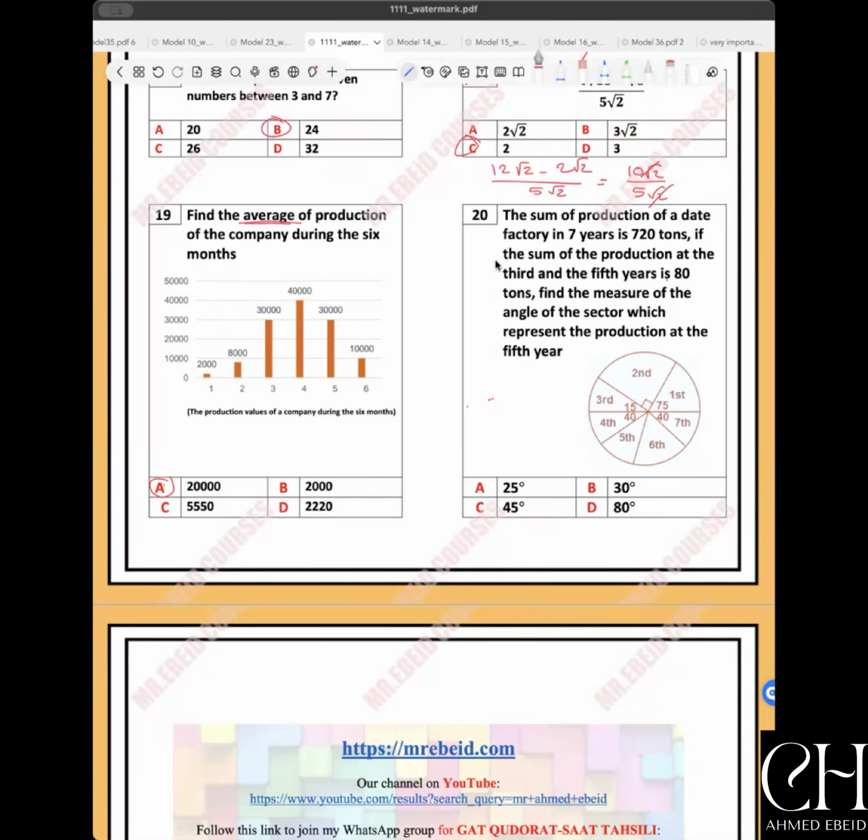For question 20, the sum of production of a factory in 7 years is 720 tons. If the sum of the production at the 3rd and the 5th year is 80 tons, find the measure of the angle of the sector which represents the production of the 5th. This is the sector which represents the production of the 5th. All of the circle is 360 degrees, which represents 720 tons.